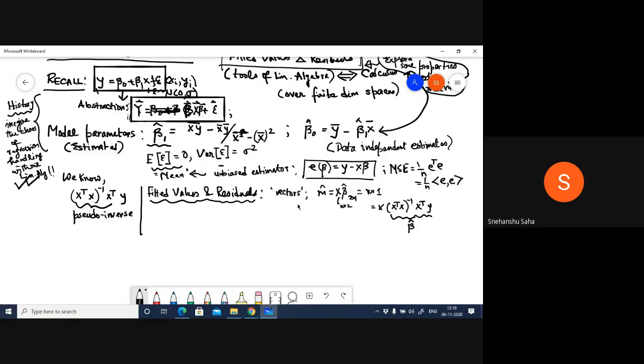And this is a matrix. I should really be calling this a matrix, and we call this the H matrix or the hat matrix. So your m hat is nothing but Hy.